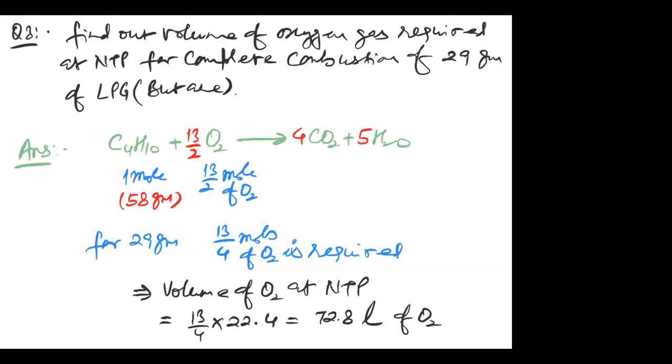So for 58 gram, if we require 13 by 2 moles of O2, so for 29 gram, we require 13 by 4 moles of O2. Volume of O2 at NTP should be equal to 13 by 4 into 22.4, which comes out to be 72.8 liter of O2.